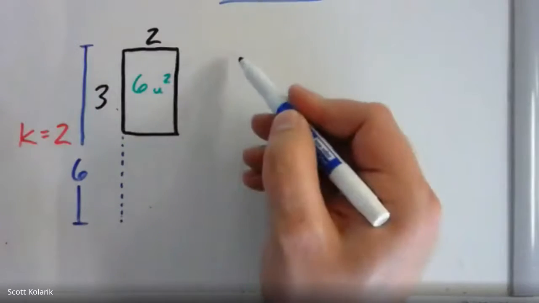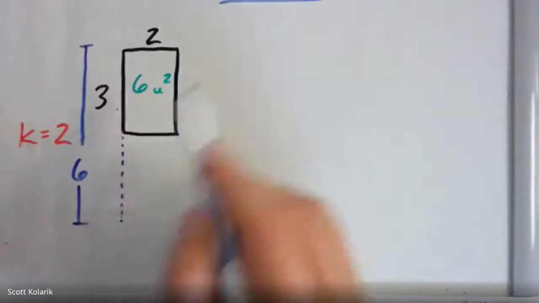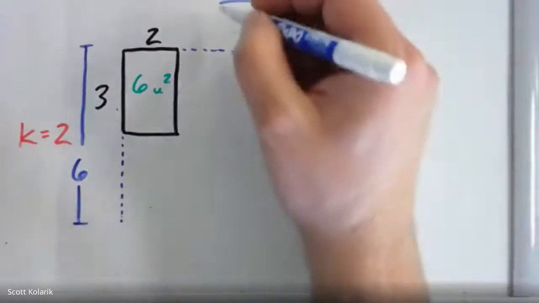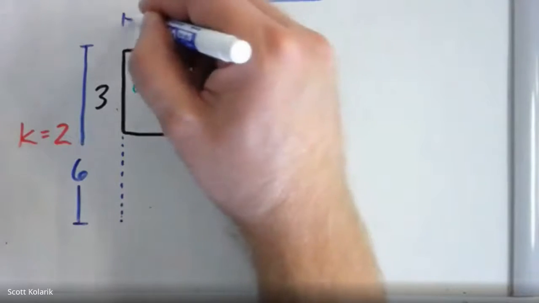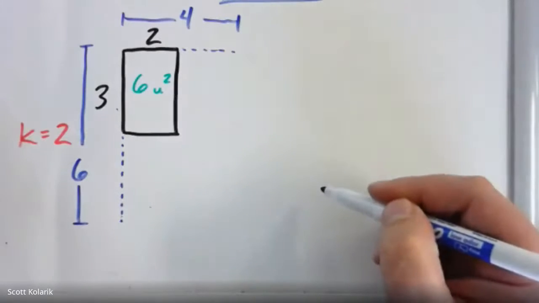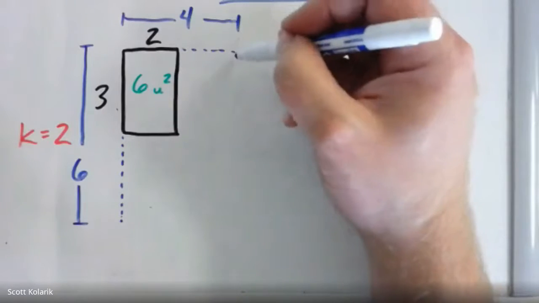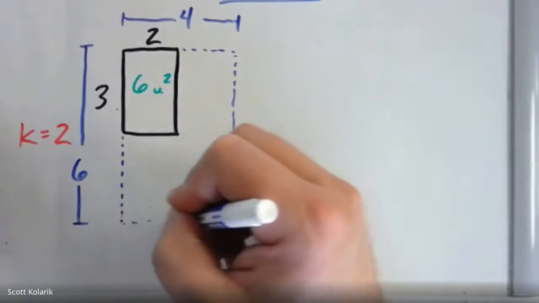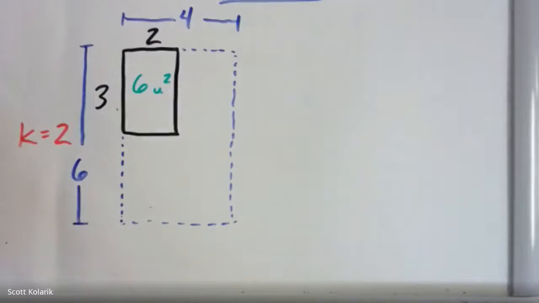All right, now if I extend this side by multiplying again by the scale factor of 2, then that becomes another 2 units right here, or 4 units. Okay. And what I've created is this new rectangle that is double the size of the original.